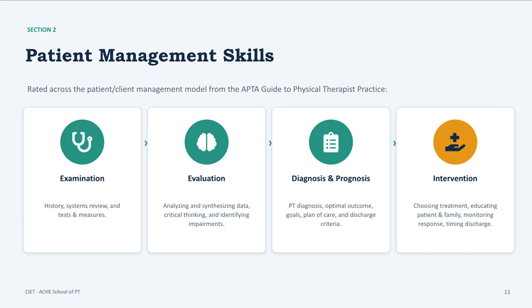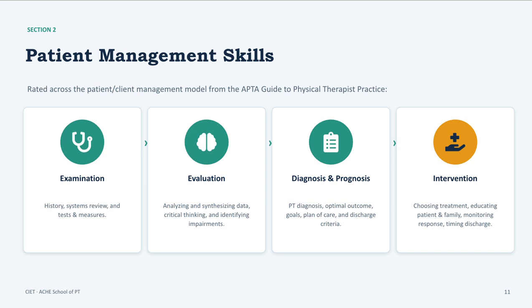The second section, Patient Management Skills, looks at the student's ability to effectively manage a patient through each component of the patient-client management model, as defined by the APTA's Guide to Physical Therapy Practice. Examination includes history, systems review, and tests and measures. Evaluation includes the analysis and synthesis of data, critical thinking, clinical decision-making, and determining the patient's impairments or functional limitations.